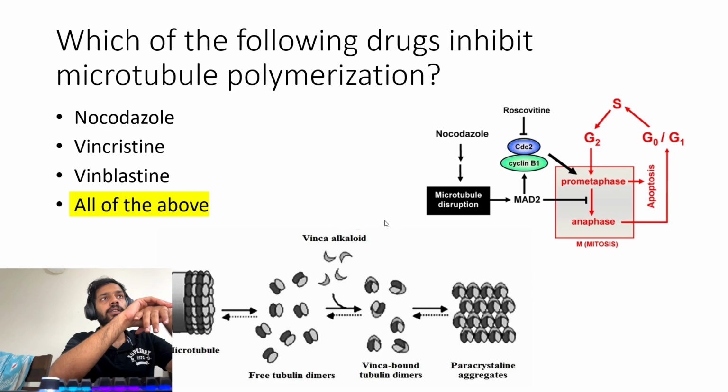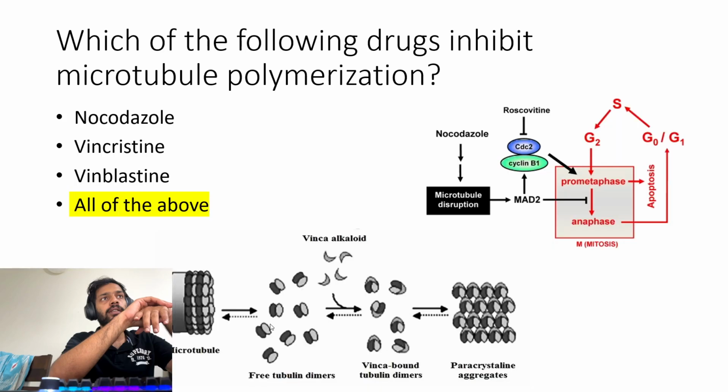When vinca alkaloids are present, they bind to the free tubulin dimer, and these vinca-bound tubulin dimers form paracrystalline aggregates, and they do not form microtubules. That way they prevent microtubule polymerization. So all of these drugs prevent microtubule polymerization.